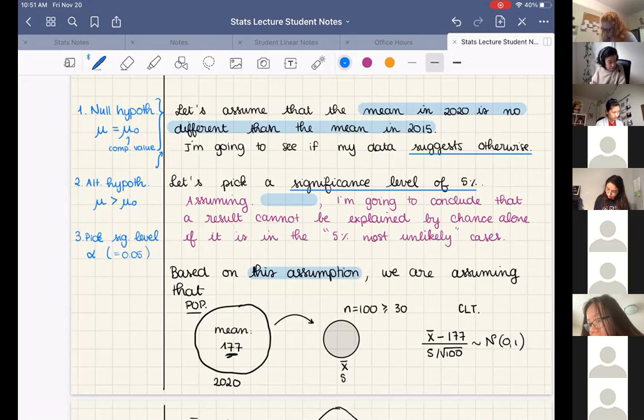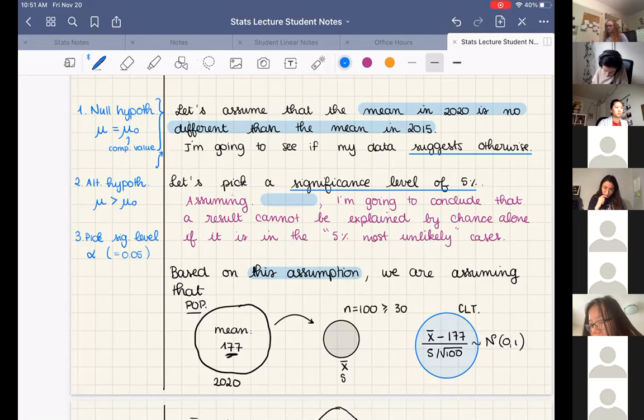The fourth thing that we do is try to see, based on the assumption, what the test statistic should be. The test statistic is simply a value whose distribution I know. It's called the test statistic because you're going to be able to compute it from your sample, but it's simply something whose distribution you are able to find.